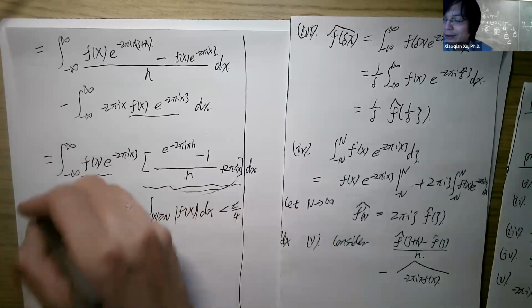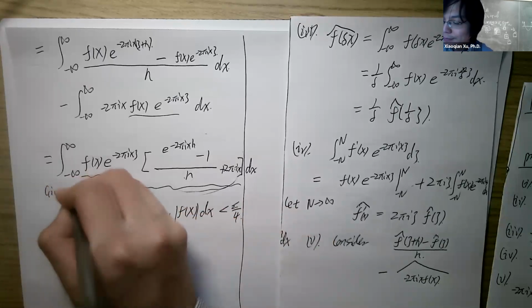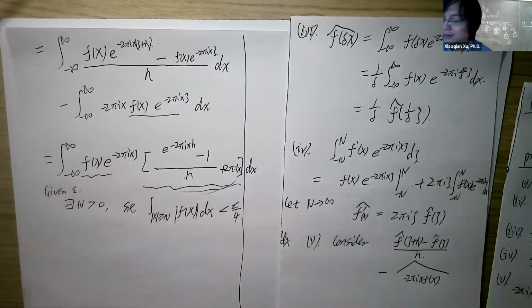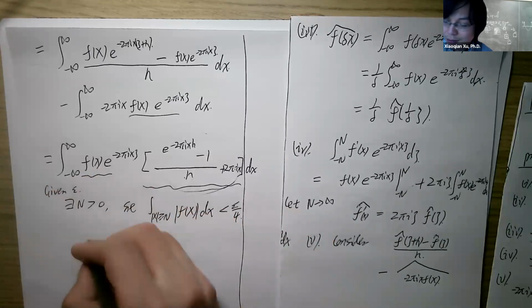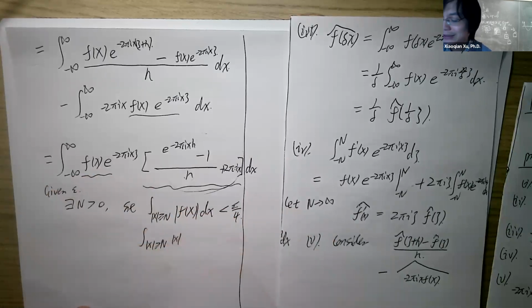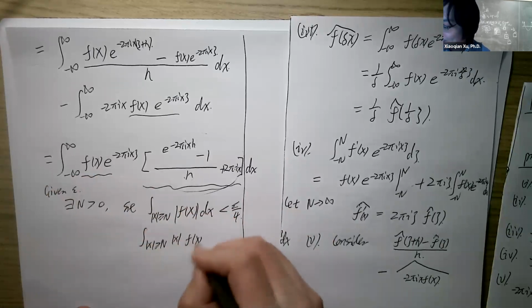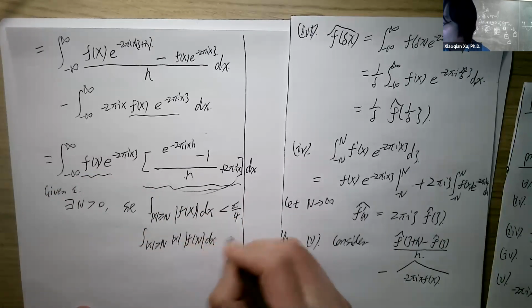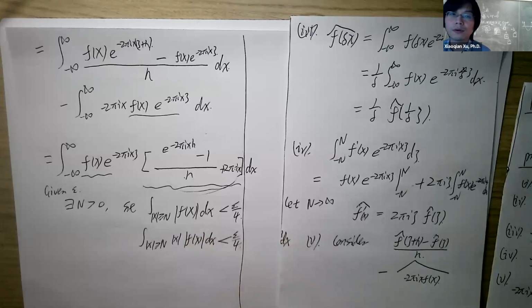For given epsilon, we can find such an n. And for x greater or equal than n, the integral of x times f(x) dx is still less than epsilon over 4, because x times f(x) is still decaying very fast.